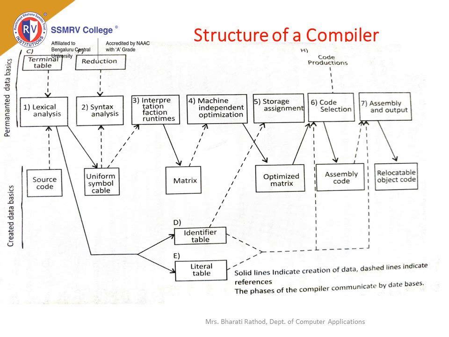There is only one entry defining code for each matrix operator. Assembly code: the assembly language version of the program, created by the code generation phase and input to the assembly phase. Relocatable object code: the final output of the assembly phase. It is ready to be used as input to the loader.